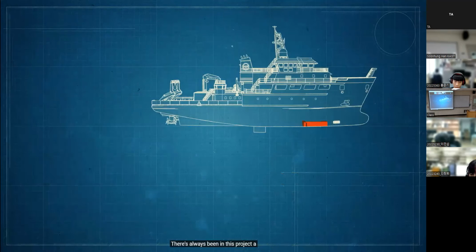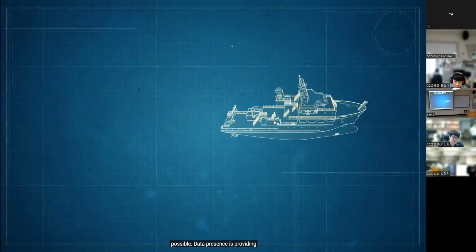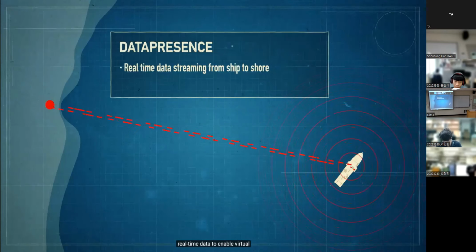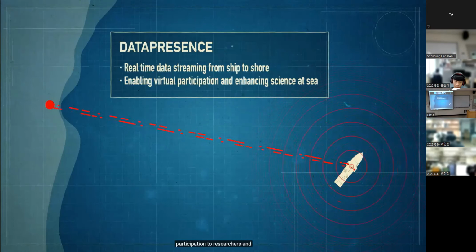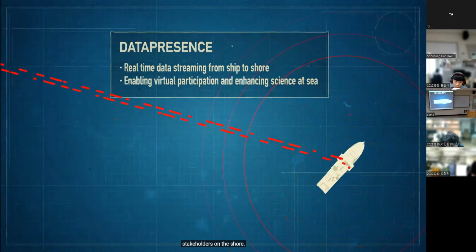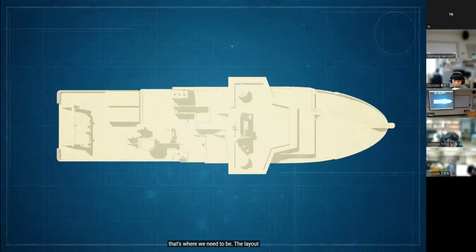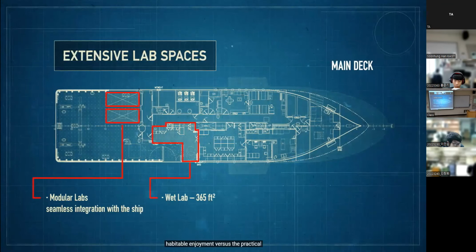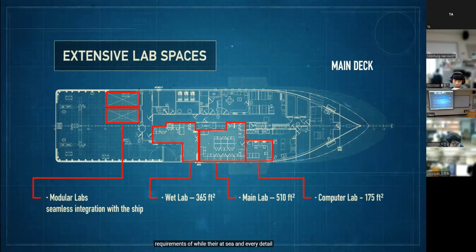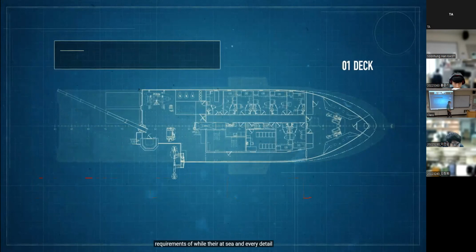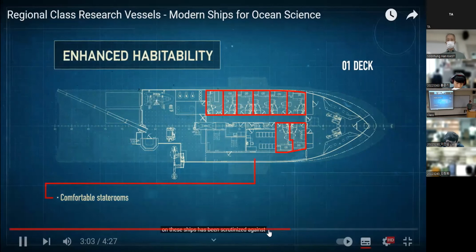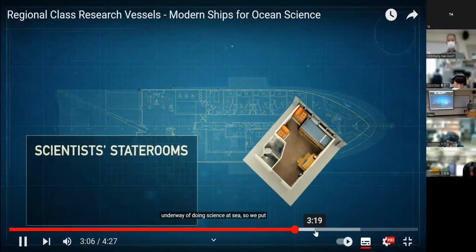There's always, for this project, been a drive to collect as much data as possible and as continuously as possible. Data presence is providing real-time data to enable virtual participation to researchers and stakeholders on the shore. So we've got a team assembled that are developing the technologies to enable this. And in terms of moving forward in the 21st century, that's very exciting. And that's where we need to be. The layout was designed to balance people's habitable enjoyment versus the practical requirements of why they're at sea. And every detail on these ships has been scrutinized against the practicality of being underway, doing science at sea.